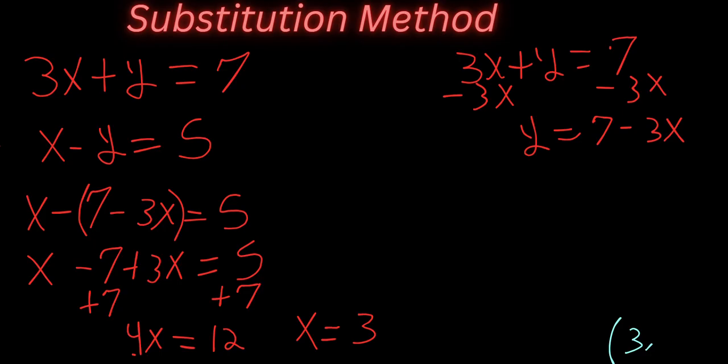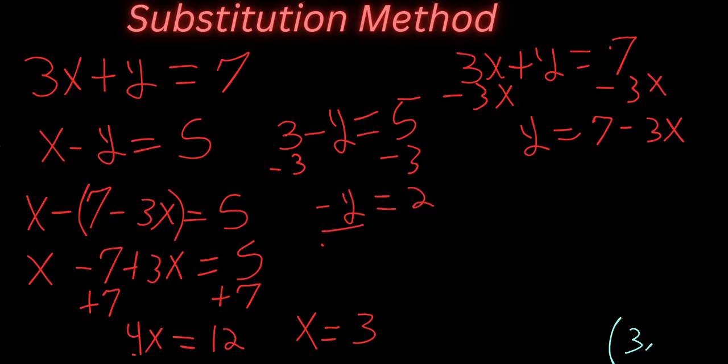Now let's plug that 3 in. So 3 minus y equals 5. We will subtract 3 from both sides, and we'll get negative y equals 2. We'll divide both sides by negative 1, and we get y equals negative 2.